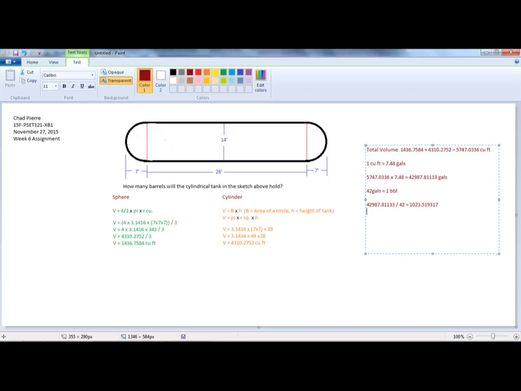Our text gives 1,024 point, I think it was 3, barrels. So according to my computations, I'm within a barrel of the size. For a tank this size, one barrel is pretty close, I would say. So that's actually the end of it. Thank you.